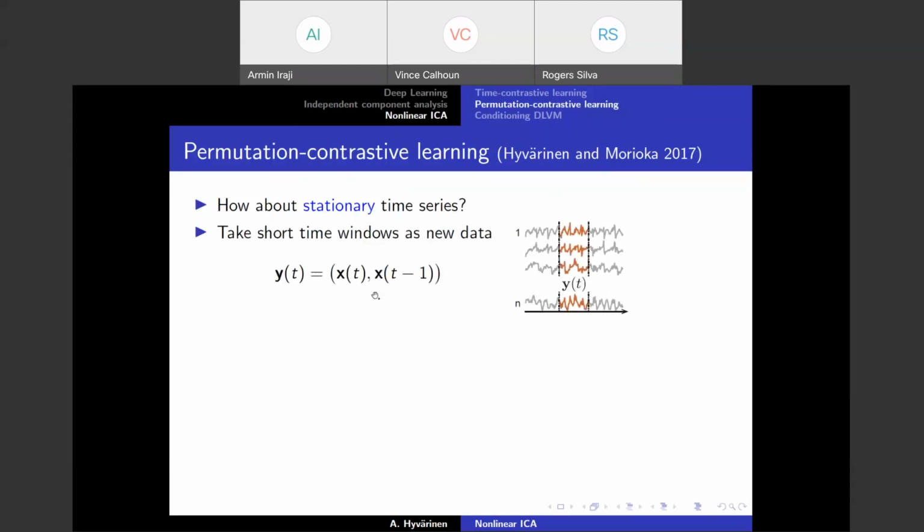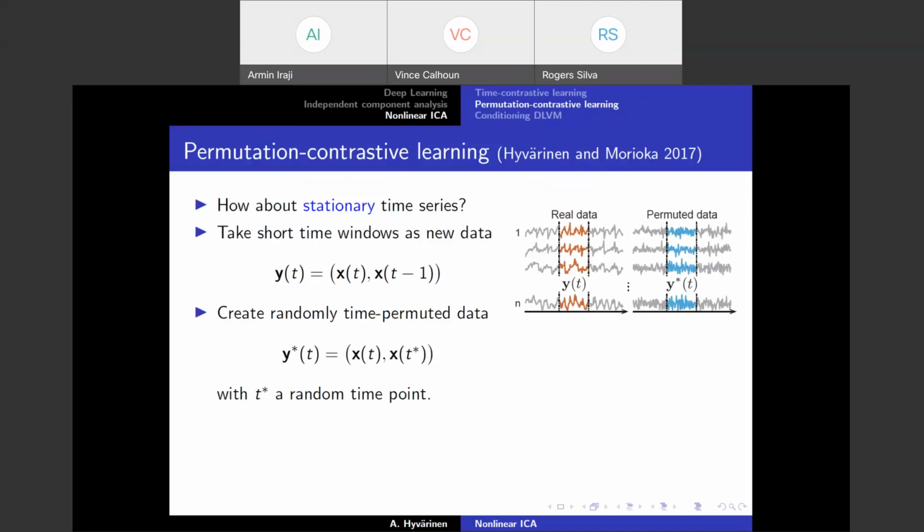So what we do now is that we take short time windows as the new data. In the very simplest case, we could just take two subsequent time points and say that this is the new data denoted by y. I shouldn't perhaps denote it by y because it's not the kind of label that y used to be earlier. It should be another letter actually. But okay, here it's y.